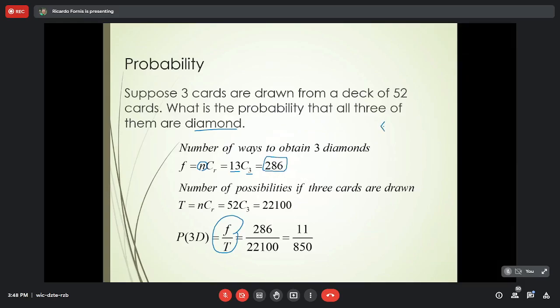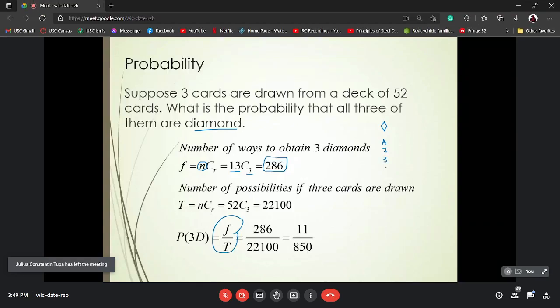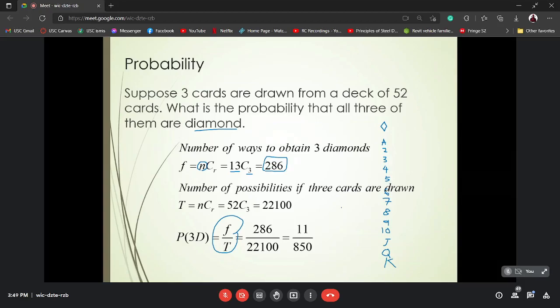So let me demonstrate it here. If you consider the kind diamond, you start with ace, number 2, number 3, 4, 5, 6, 7, 8, 9, and 10. So these are the cards. And then you have the face cards, the jack, the queen, and the king. So in total, 13. And you are going to take 3 cards.